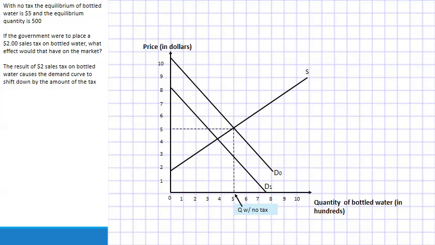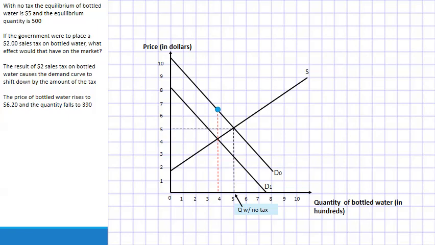Now, what that does, of course, is create a new equilibrium with the original supply line. So the price of bottled water is going to rise to $6.20, and the quantity is going to fall to 390. So up here is the point at which those two intersect with demand.